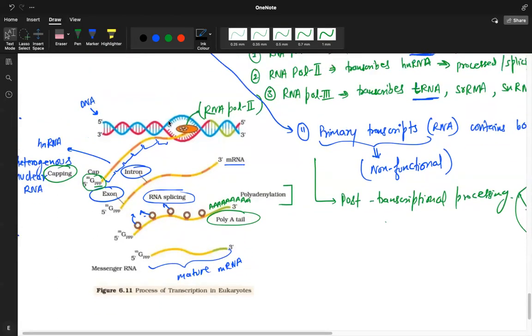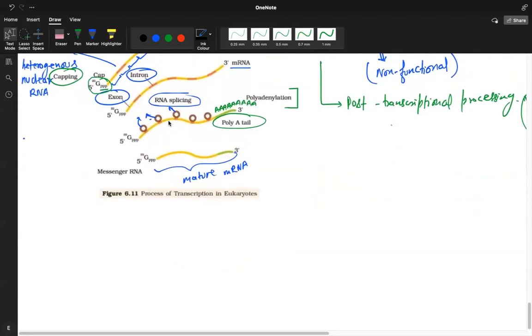So if this part is clear, then before we go to translation, I would like to talk about some things related to the genetic code itself. So what do you think is a genetic code?